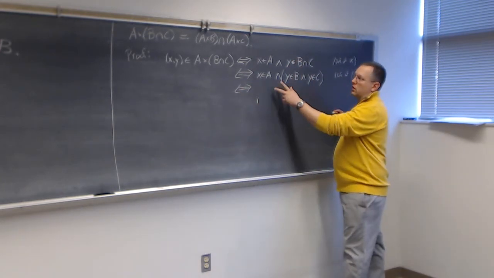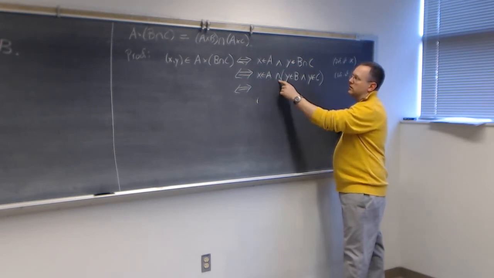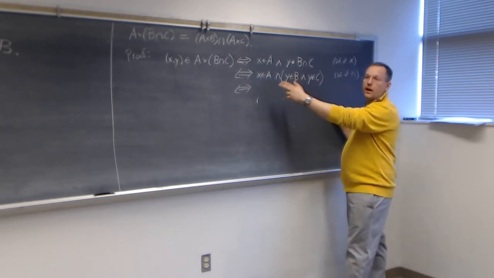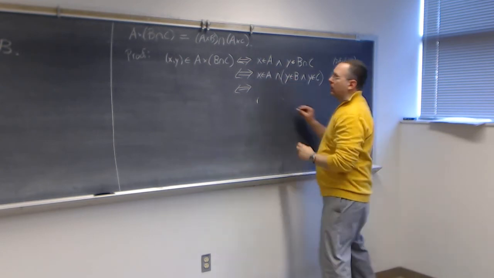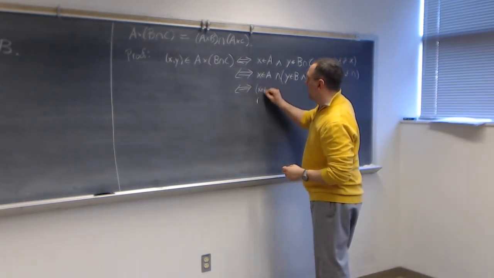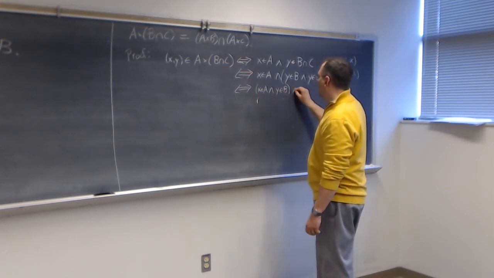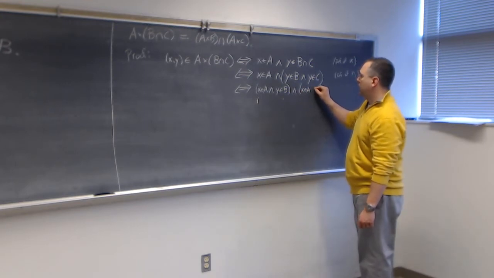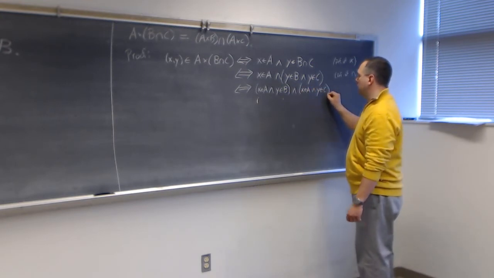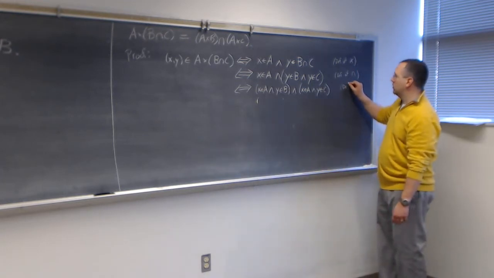Now I'm going to use, it's really a distributive law. I don't really need this distributive law because these are all and statements. You don't really need parentheses when everything is the same symbol, if it's all ands. But I'm going to break this up and say this is the same as saying x is in A and y is in B, and x is in A and y is in C. So you can think of that as the distributive law.